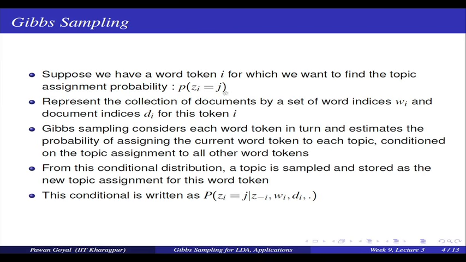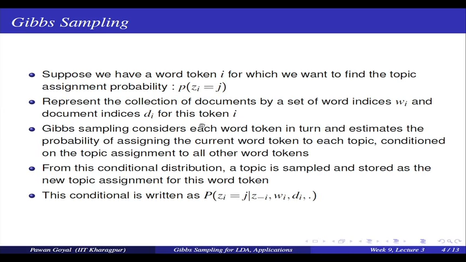Now how do you do that? You represent the collection of documents by a set of word indices w_i and document indices d_i for this token i. It simply says that you have a lot of words; find out the corresponding word for this token i, which will be called w_i, the particular index, and similarly d_i will be the particular document where you have this token.